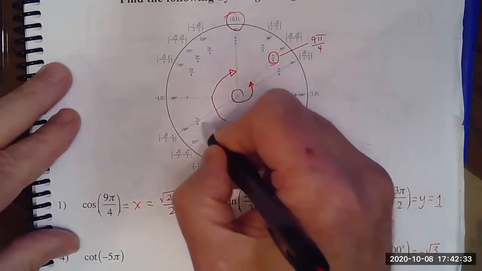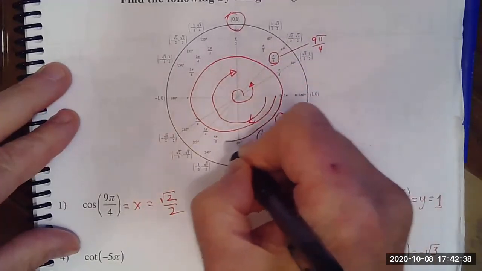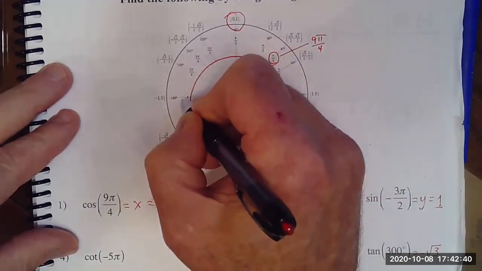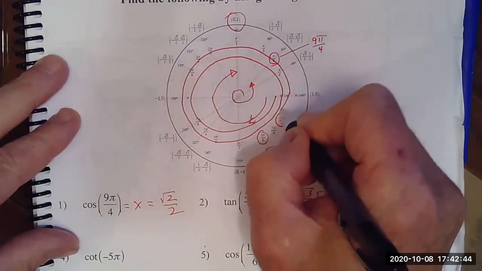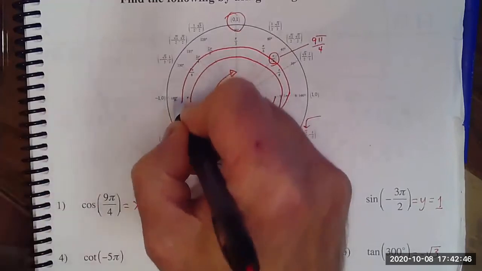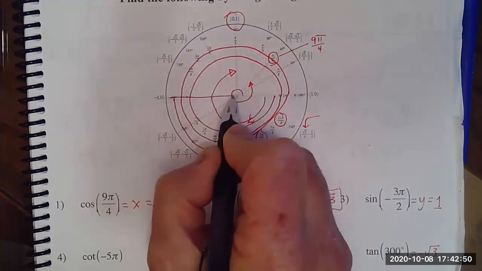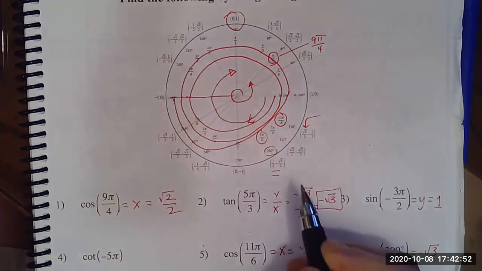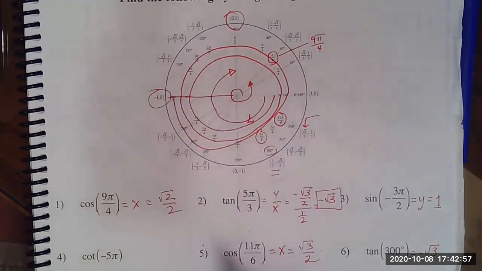There's negative 1 pi, negative 2 pi, negative 3 pi, negative 4 pi. Negative 5 pi gets me right here at this terminal side. So it's the same place as pi, actually. And that's the ordered pair.